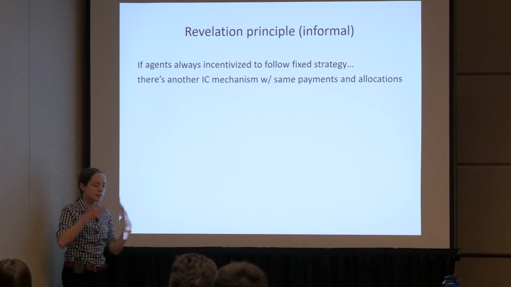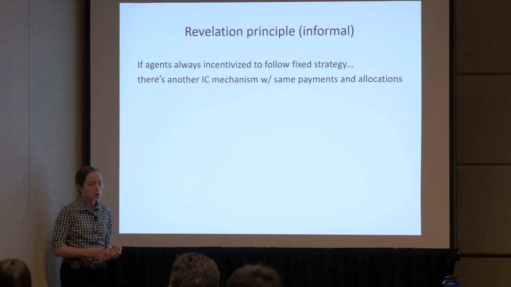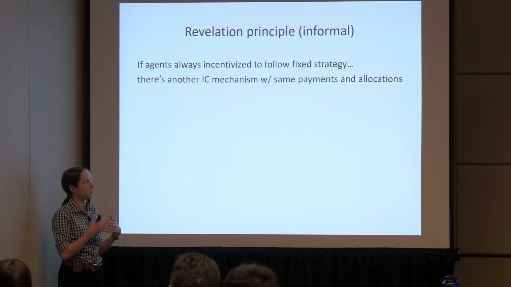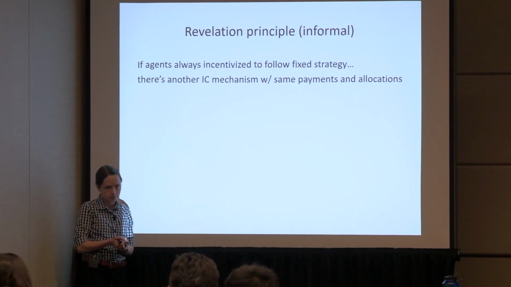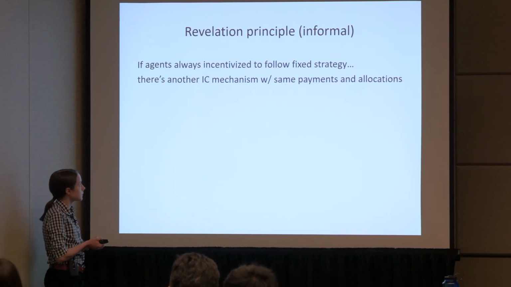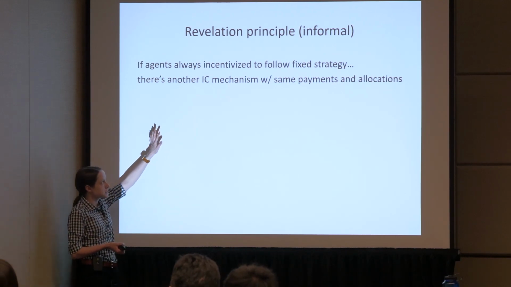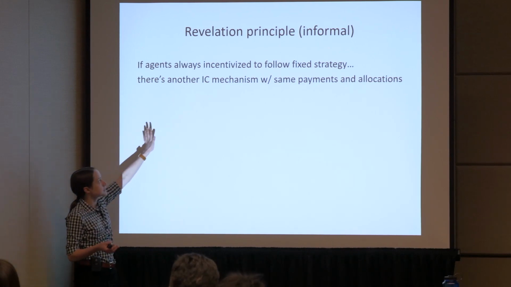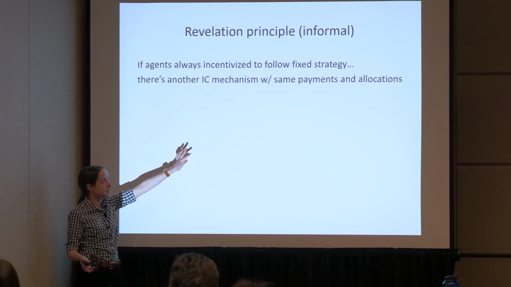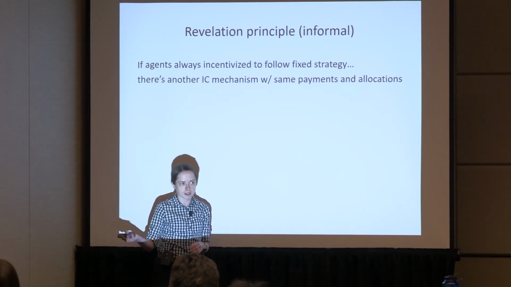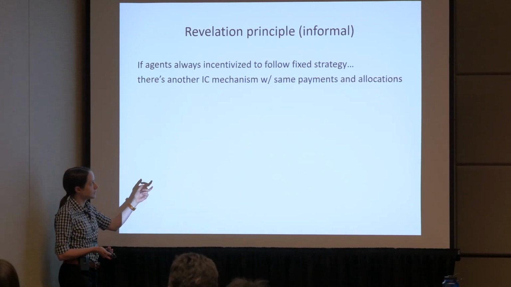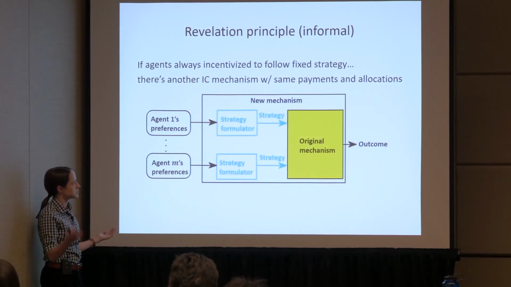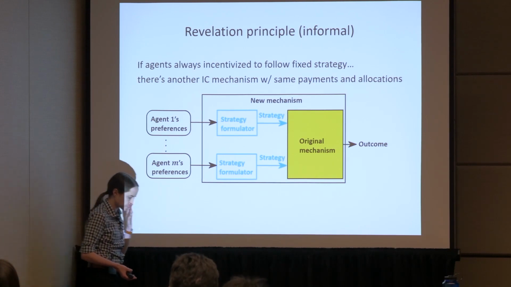It says that let's say we have some mechanism where the agents are incentivized to follow some fixed strategy. It might not be the truthful strategy. The revelation principle says at a high level, and this is an informal statement, that there exists another incentive compatible mechanism with the same payments and allocation, essentially. And I can show you why this holds with a picture.